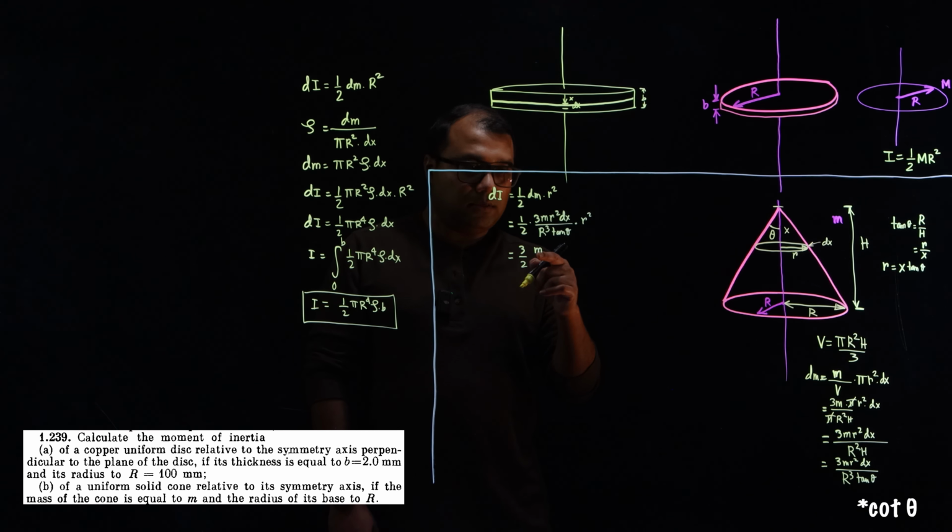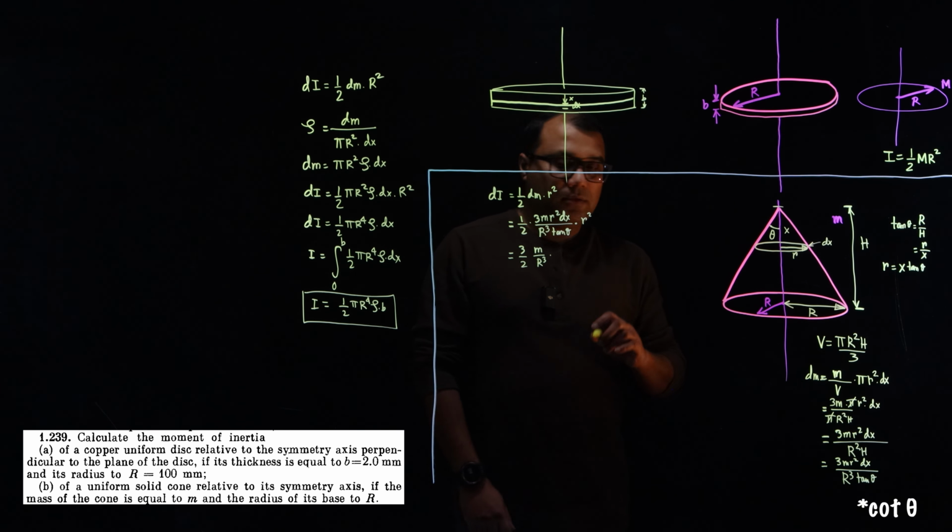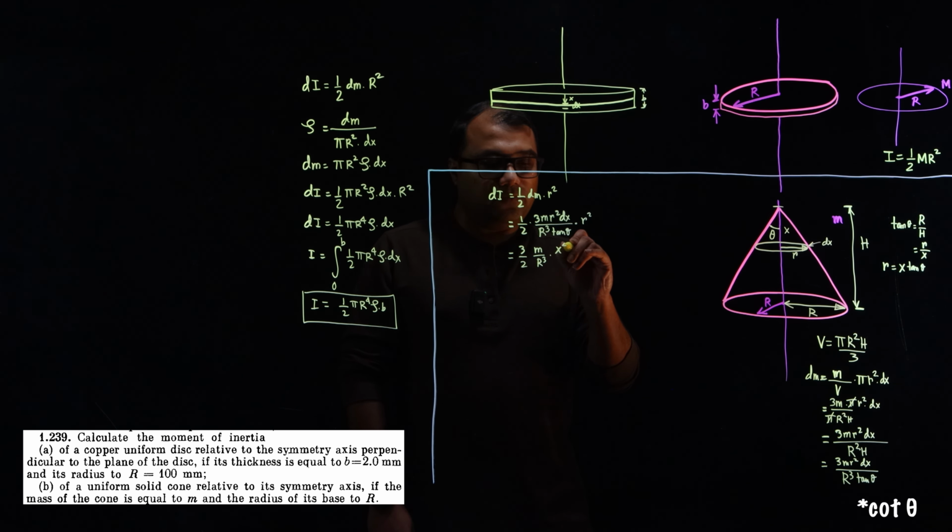Or we can write, let's say, 3 by 2 m by R cube, x to the power 4, tan to the power 4 theta divided by tan theta.